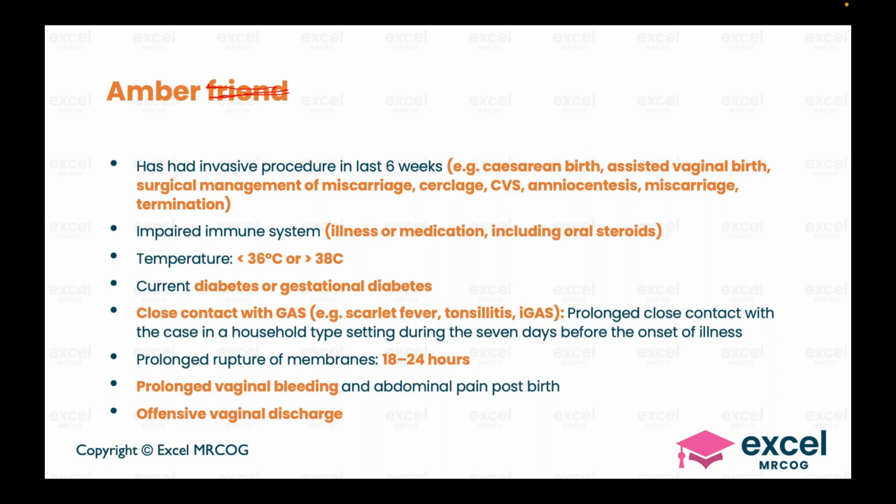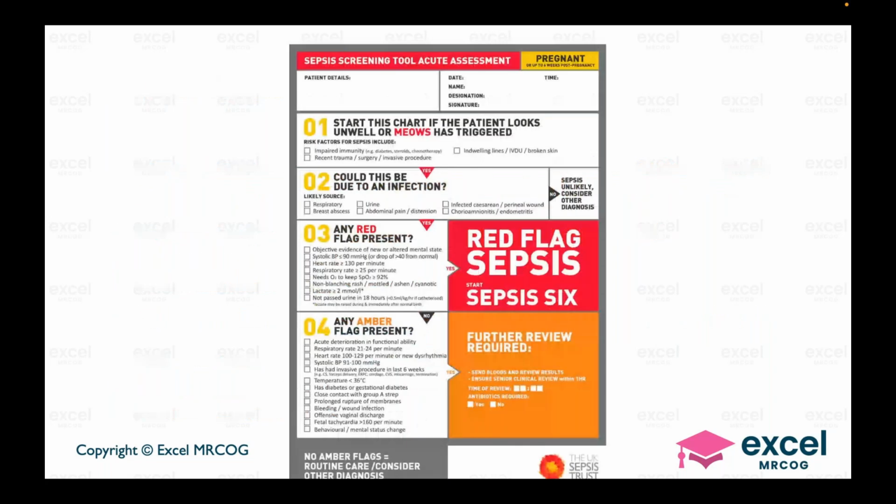Okay, so this is the chart which is mentioned. So what do we have here? The first step is, if the patient is looking unwell, you look for risk factors for sepsis. Like if there is impaired immunity, is there any recent surgery, any indwelling lines, etc. So if she's unwell, or if you have been monitoring her on a MEOWS chart for whatever reason and she's not doing well, you need to look out for risk factors.